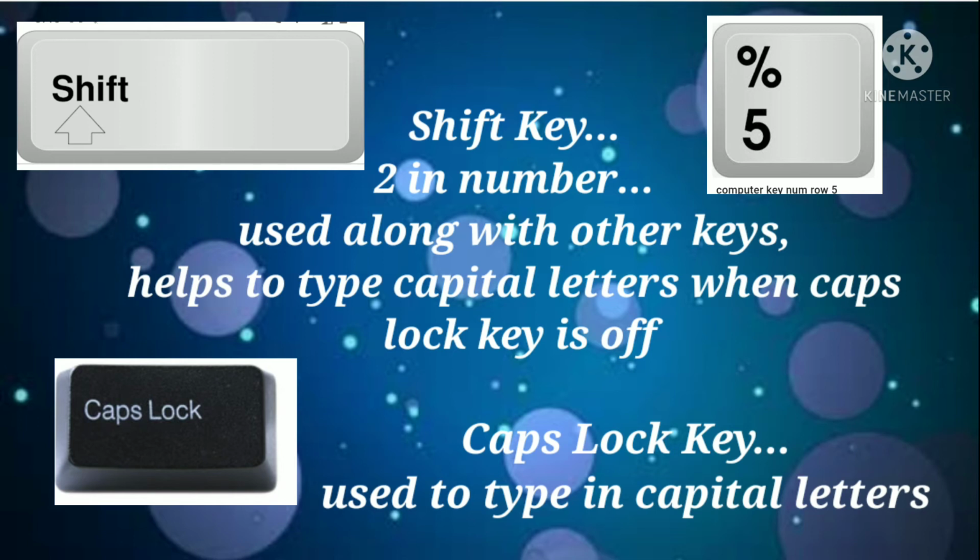Then we come to the caps lock key. The caps lock key is used to type the letters in capital letters, as the word suggests. When the caps lock key is on, all the letters that are typed appear in capital letters on the monitor.